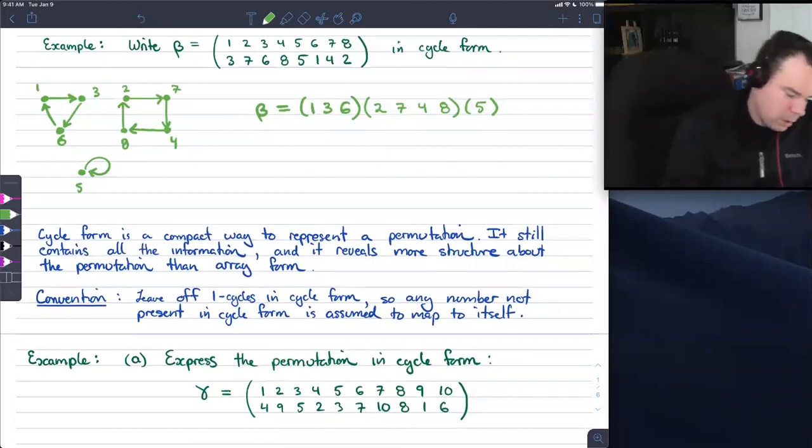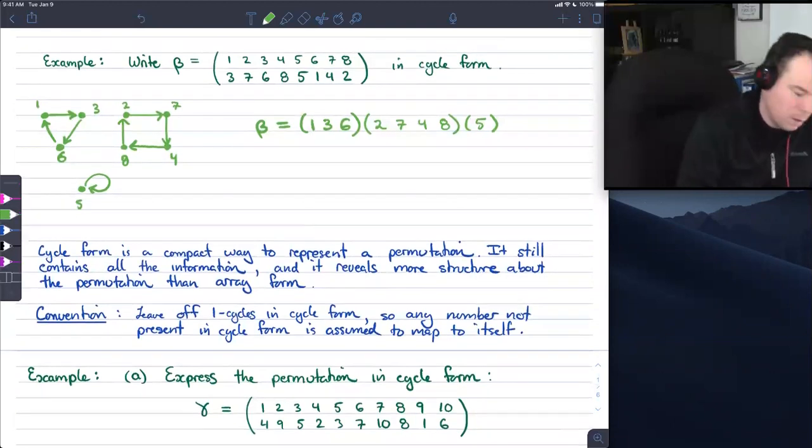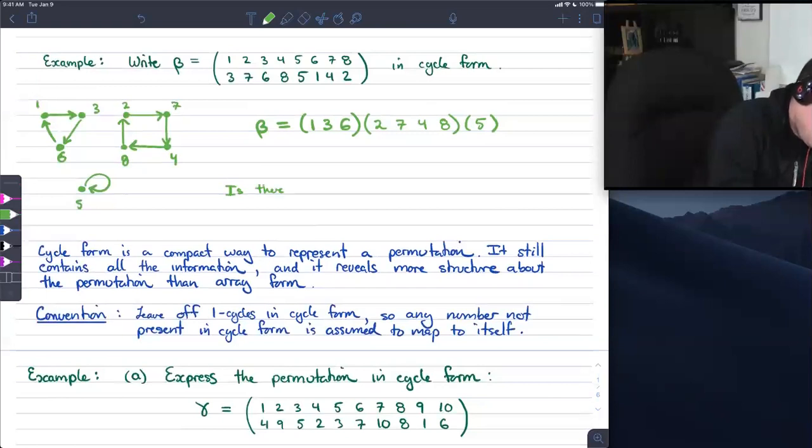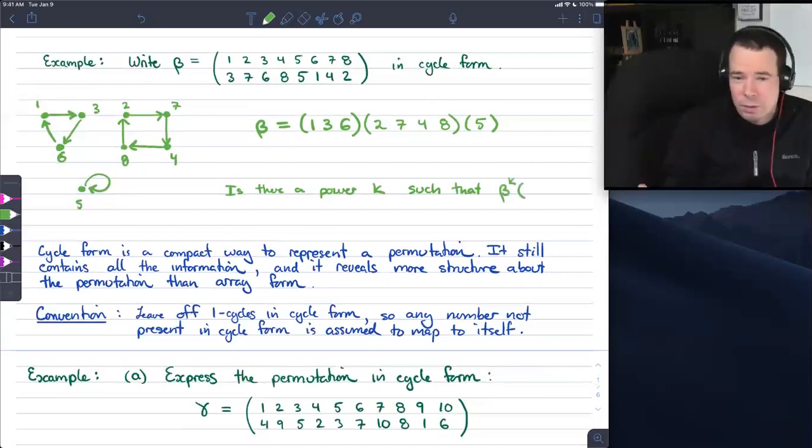So cycle form is a compact way to represent a permutation. It still contains all the information and it reveals more structure about the permutation. So for example, additional structure I get from this cycle form is, what about this question? If I said, is there a power k such that if I took beta and raised it to the power of k, remember these are functions, right?